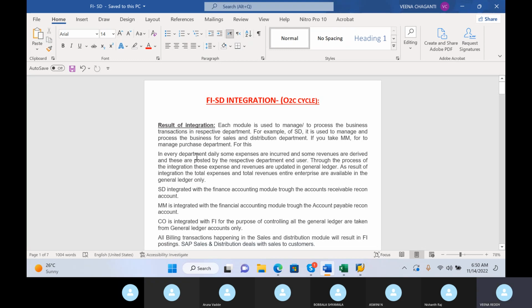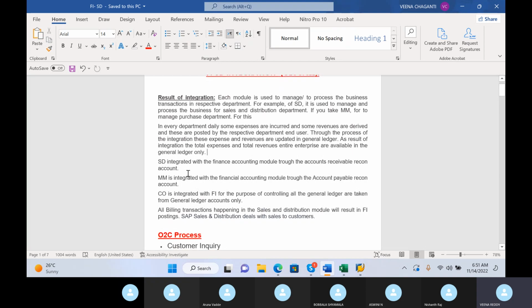In every department, daily some expenses are incurred and some revenues are derived, and these are posted by the respective department user. Through the process of integration, these expenses and revenues are updated in the general ledgers. As a result of integration, the total expenses and total revenues of the entire enterprise are available in the general ledger only.